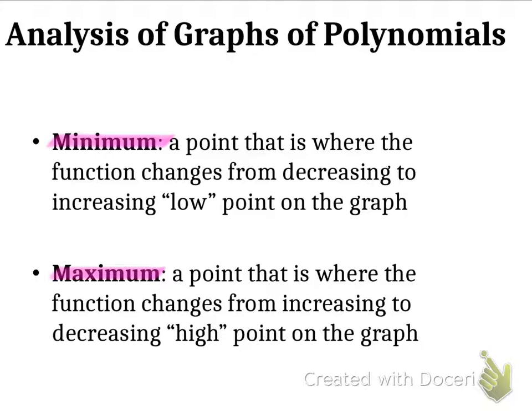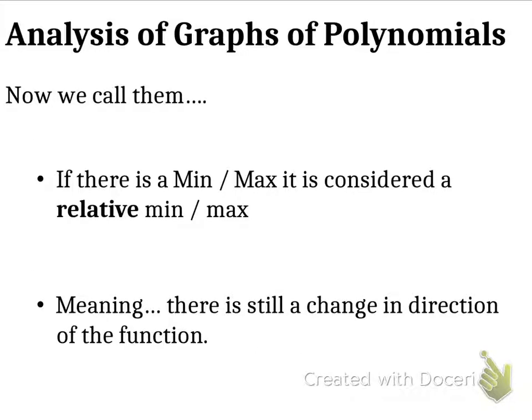However, here's the addition. Now, if there's a min or max, we consider it a relative min or max, meaning we are going to identify this change in direction of the function. So we're going to be able to talk about all of the mins and maxes relative to the function.